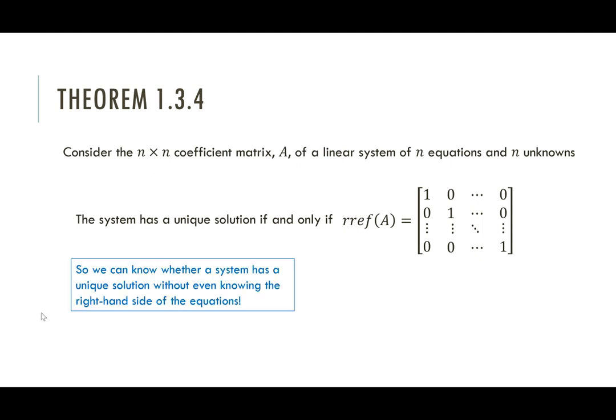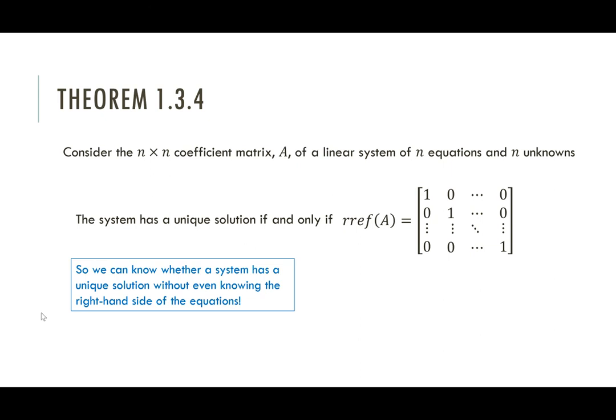This means that we can know whether a system has a unique solution without even knowing the right-hand sides of the equations. This should be a little jaw-dropping. I mean, you would think if you needed to know whether a system of equations had a solution or a unique solution, you might need to know what the constants were on the right side of the equations.